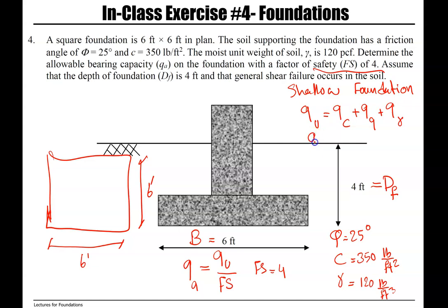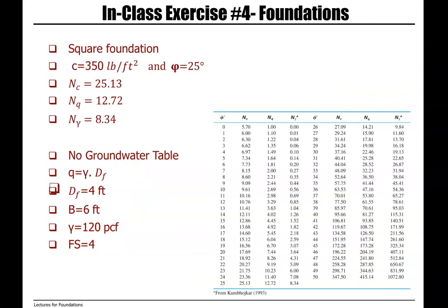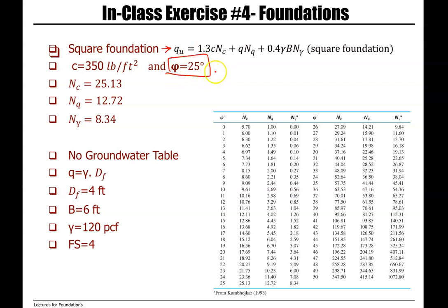So you need to use QU formula for a square foundation. Again, because we have a square foundation, this is the formula that we need to use. Friction angle, internal friction angle is 25.